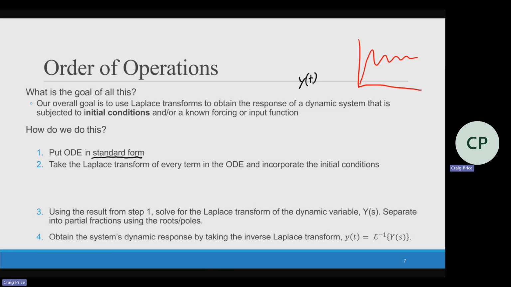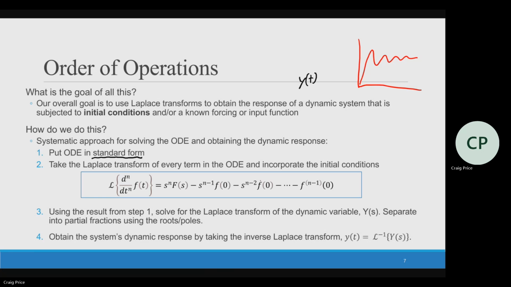Then, and I'll talk about this on the next slide, we're going to take the Laplace transform of every term in the differential equation and incorporate the initial conditions. So we're going to do this for every single term. This is where we use the initial conditions.